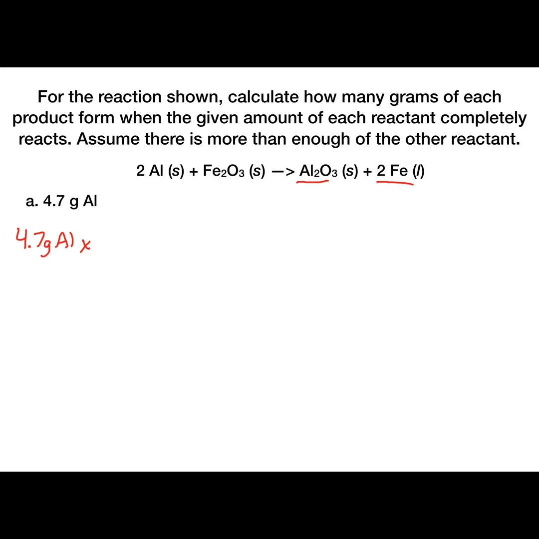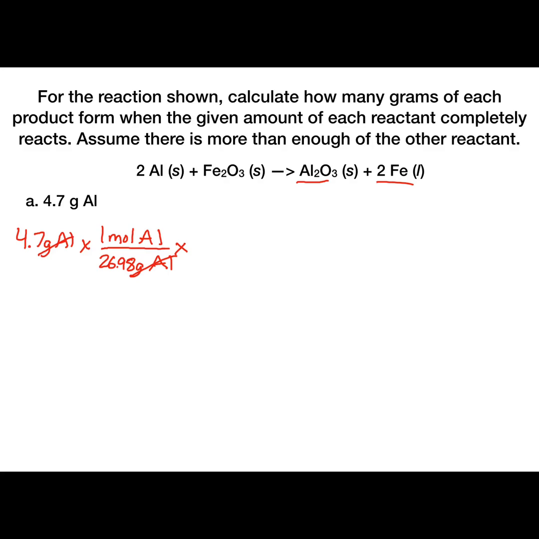Now, if you look at the periodic table, you will see that 1 mole of aluminum is equal to 26.98 grams of aluminum. So you have 1 mole of aluminum over 26.98 grams of aluminum. Okay, our grams of aluminum cancels out, and now we're left with moles of aluminum.